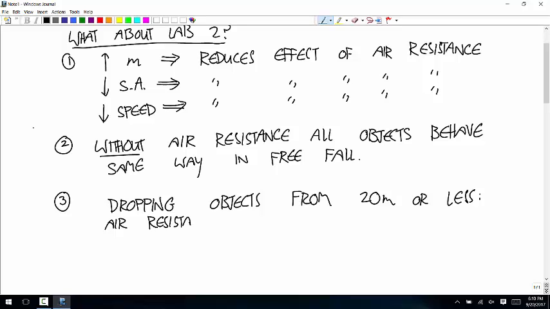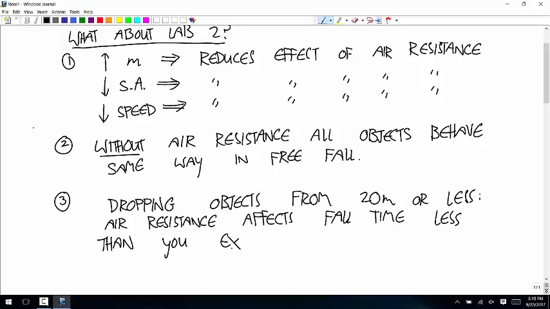Air resistance affects the fall time less than you thought. Probably. Less than you expected. If you didn't go to lab 2 and never look at lab 2 and just remember this stuff I wrote here, you'll be good for the lab test on lab 2. And then the rest will come from the other 2.